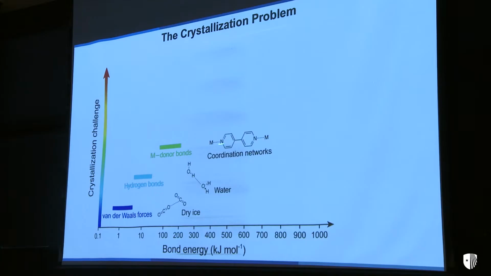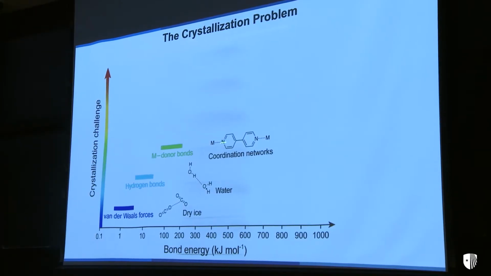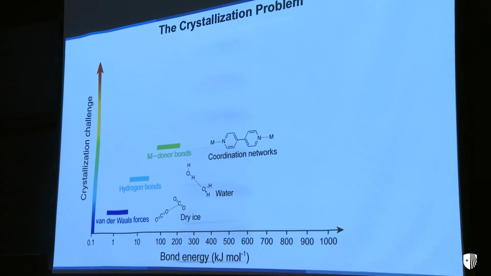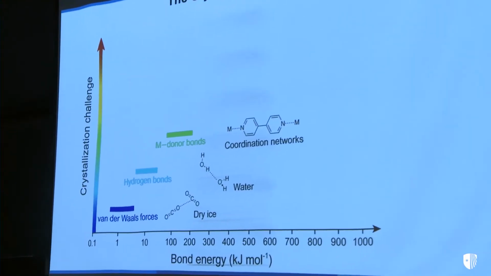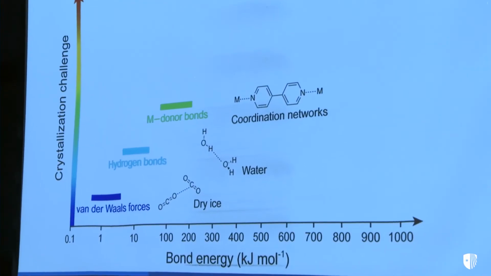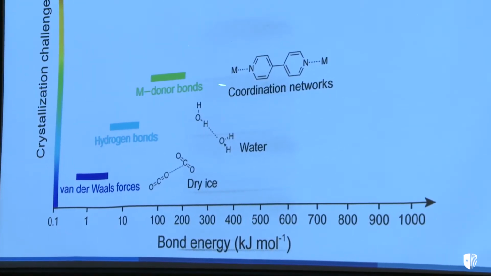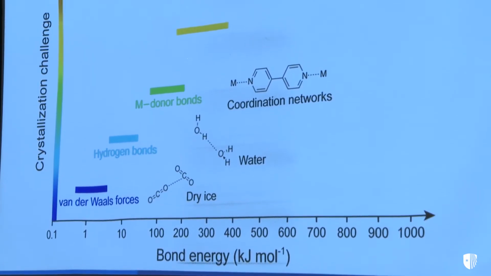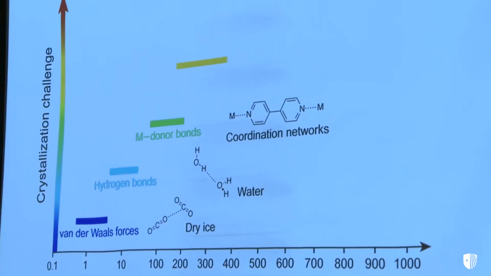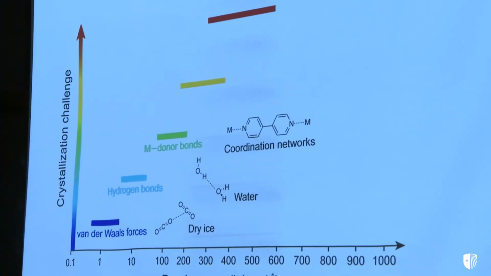Coordination networks, because of these weak bonds, metal ion to Lewis base type nitrogen or lone pair linkers, such as these, are only around 60 to 90 kilojoules per mole, depending on which metal you're talking about. So they're weak bonds. But you can crystallize structures based on this kind of linkage. What happens when you go up here, or even here? Those are very strong bonds.